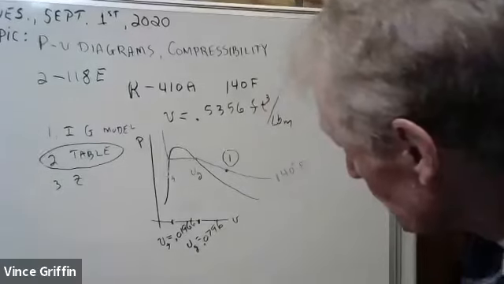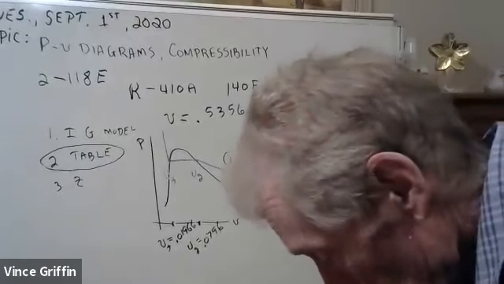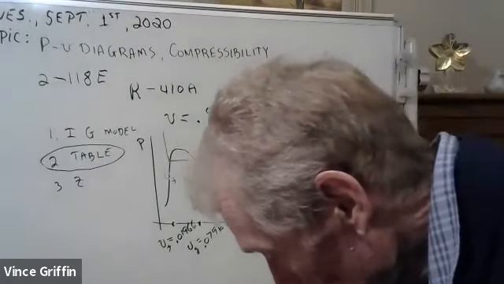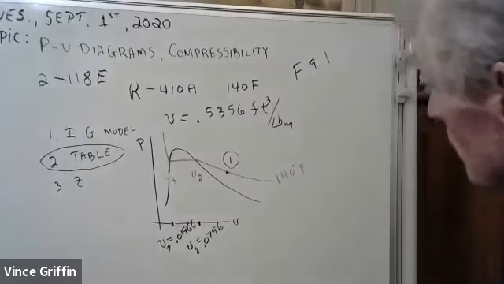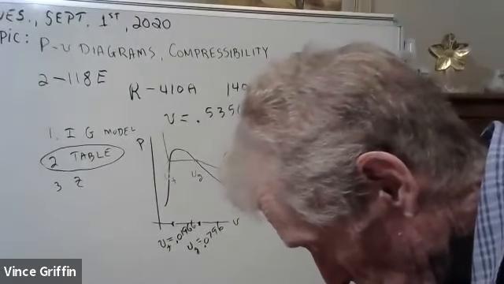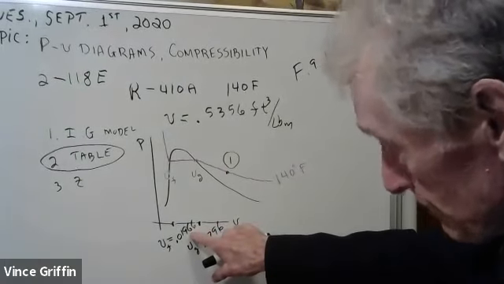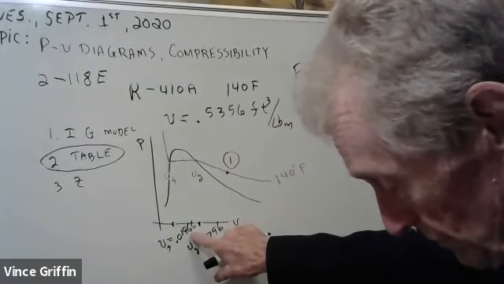So, Professor? Yeah, go ahead. This is Nathan again. Where are you getting the VF and VG from that table? For 140 Fahrenheit, I'm on table F.9.1, and VF is 0.01966. Can you find it? No, sir.